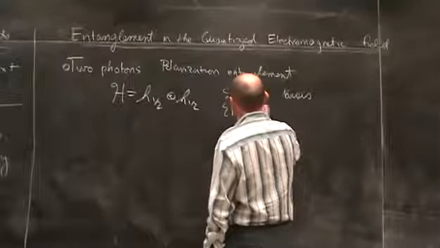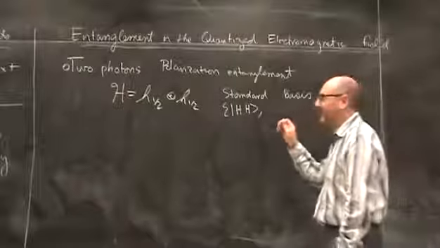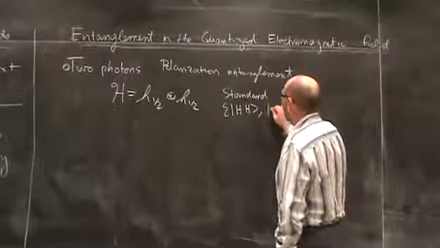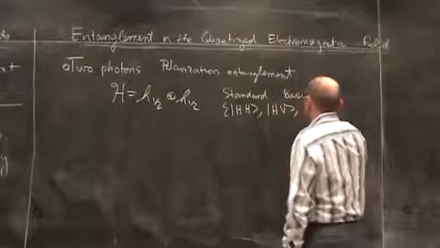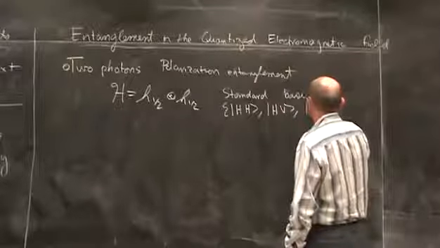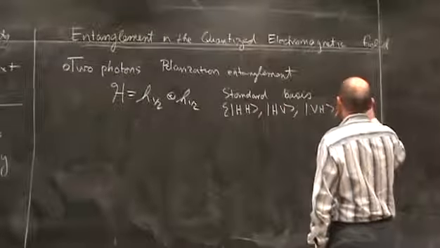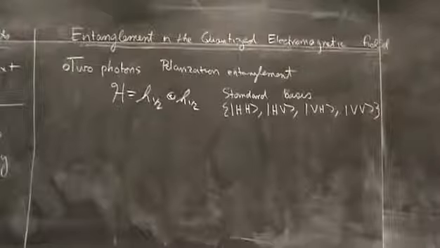And traditionally, my friend Paul Kwiat, and everyone, uses this notation now when we talk about polarization: horizontal and vertical as my two orthogonal states of polarization. Think about them as linear polarization, and this would be the standard basis for that space, right?